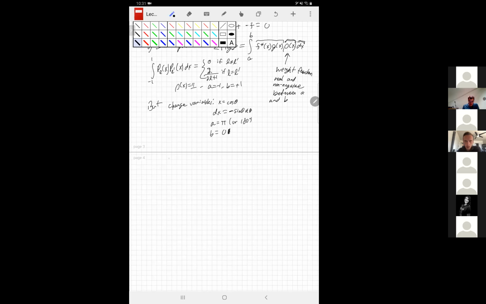So we would do the integral from 0 to pi of PL of cosine theta, PL prime of cosine theta, sine theta, d theta.